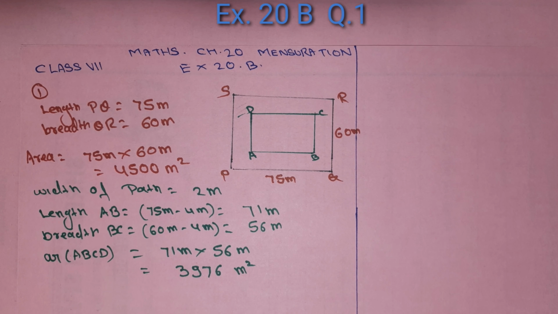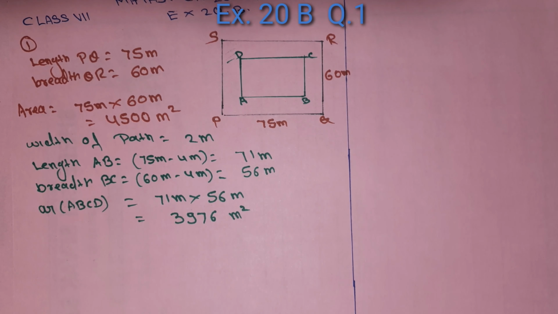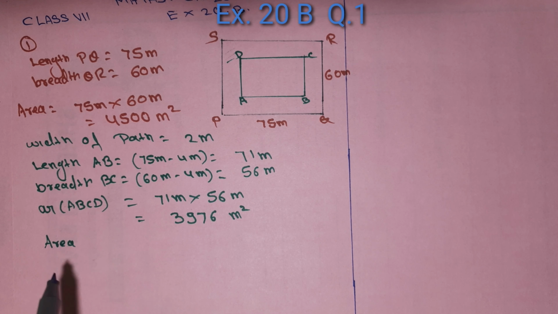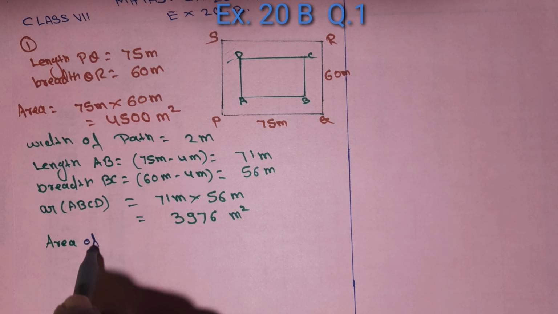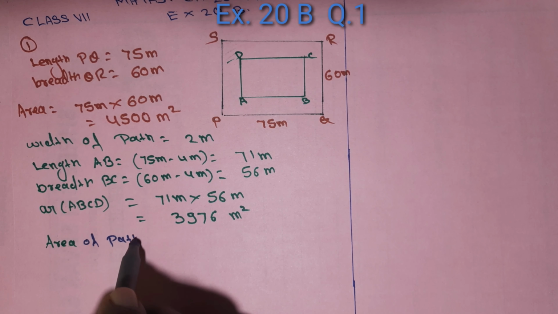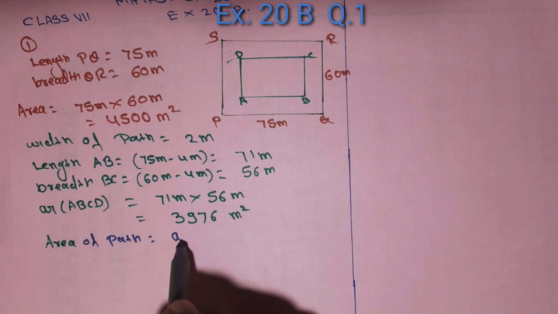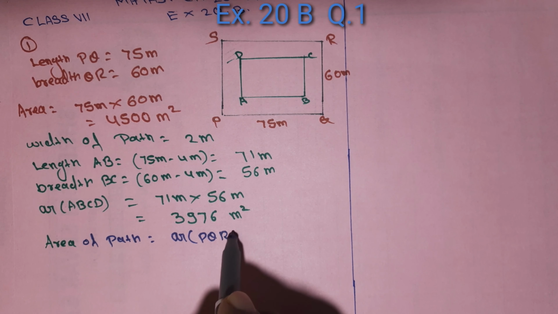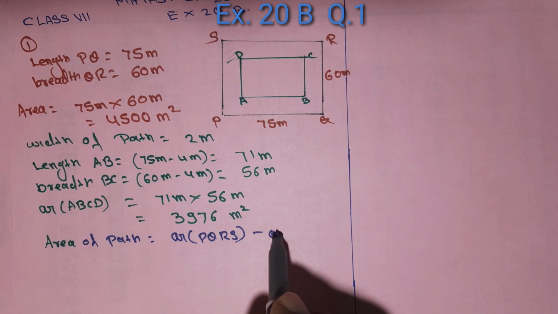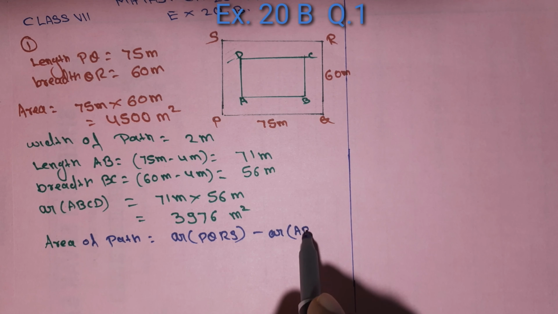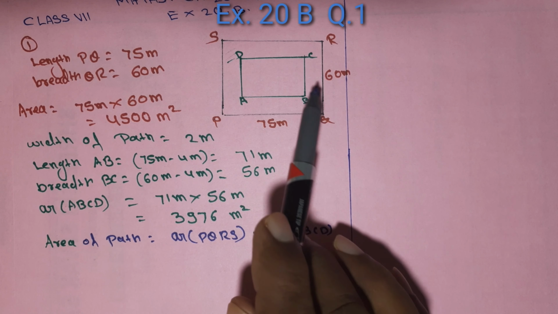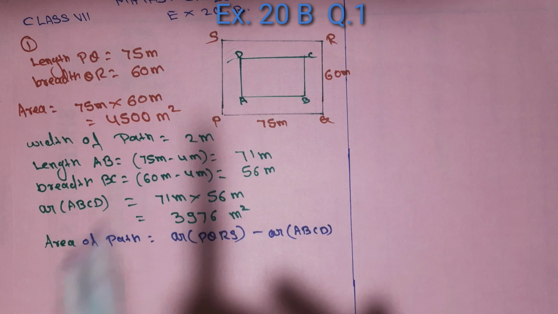So area of path is equal to area of PQRS minus area of ABCD. You have to subtract the smaller rectangle from the bigger rectangle.